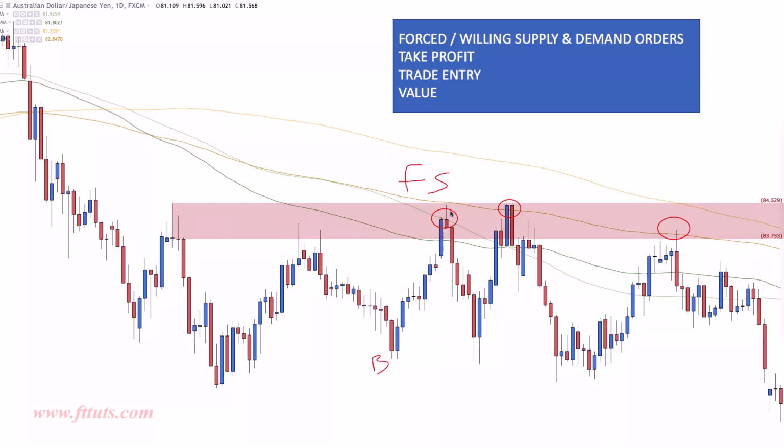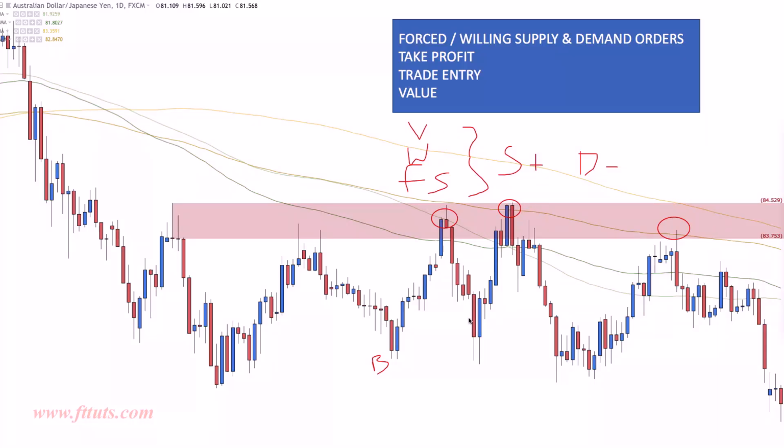If you are a new trader looking to get in on that nice pin bar with the confluence of the moving average, you've got willing selling, so supply, and then you've also got value traders like ourselves looking to enter here. So net we should have more supply, positive supply, and less demand at this area.